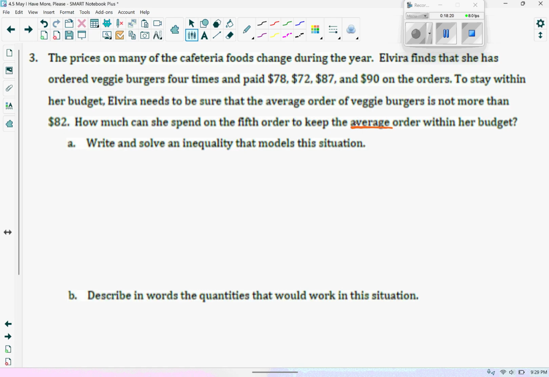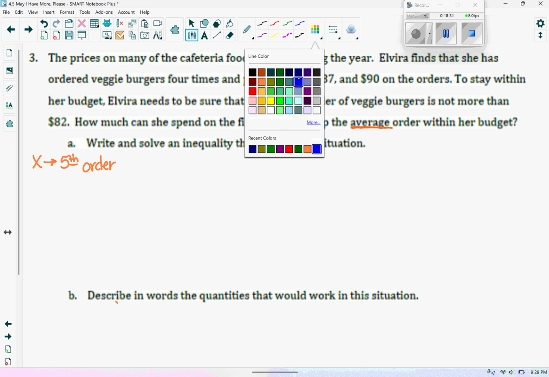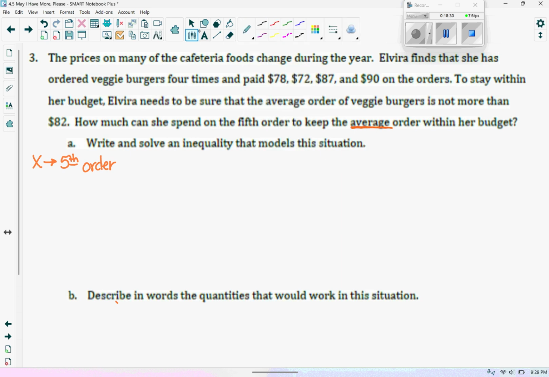So we know, sorry, X is going to represent the 5th order. Forgot to write that down for you. We know that she has ordered 4 times already. So $78 plus $72 plus $87 plus $90 plus we don't know the 5th one, so we're going to call it X. And to find average, you have to divide by 5.